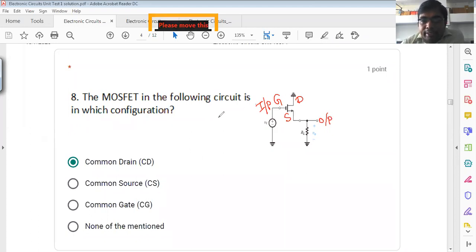So obviously it is a common drain configuration. When you give the input to the gate and take the output from the source, keeping the drain terminal common or grounded, it is considered a common drain configuration. Now come to the next question, the ninth question.